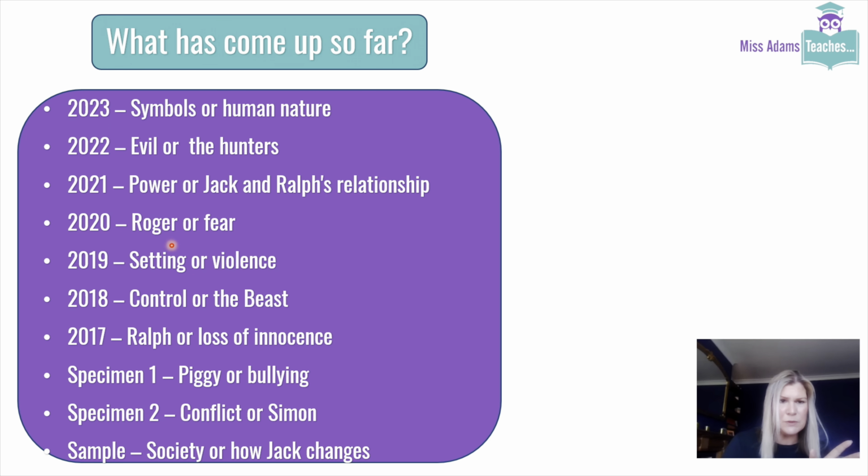The last one was Roger in 2020. However, that Roger one was the COVID year, when the exam board set a possible task that schools could do if they wanted to. So Roger hasn't actually been set and taken by the majority.